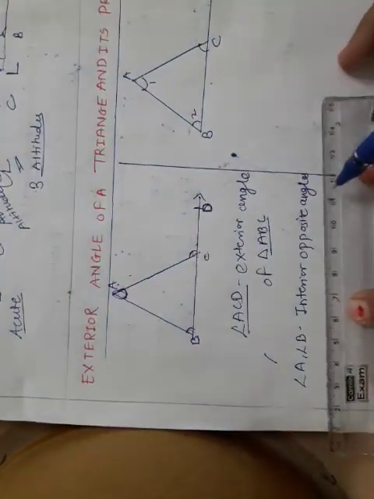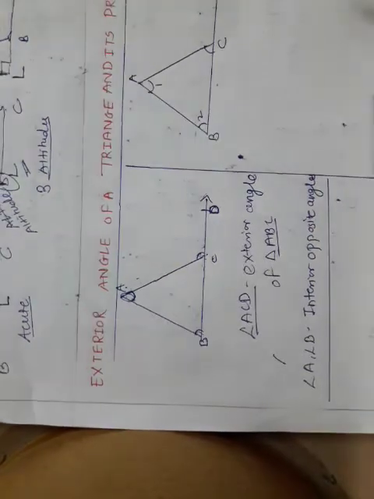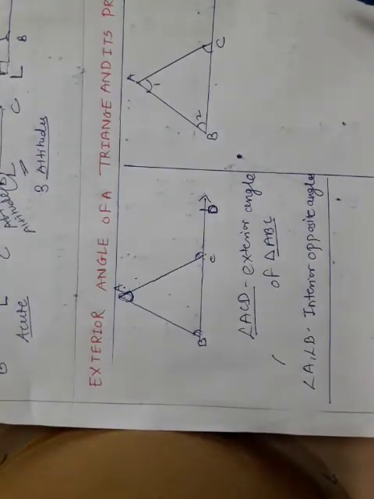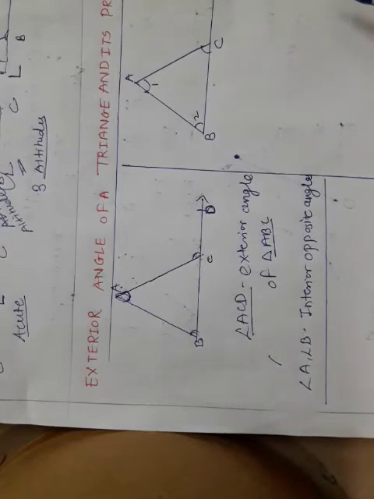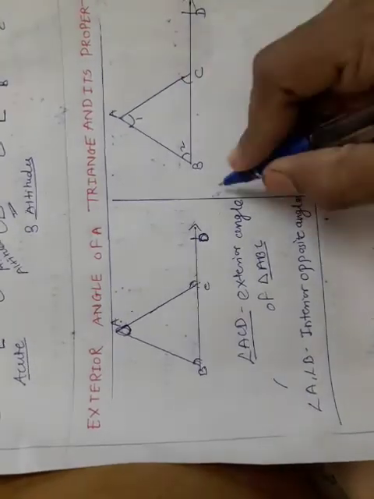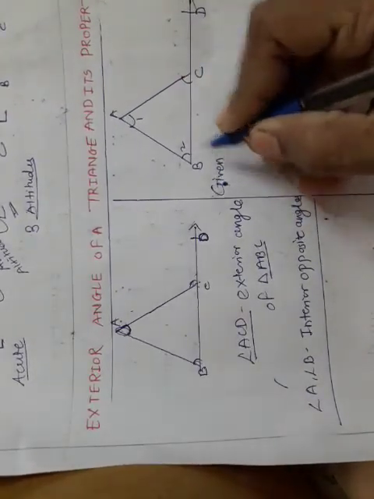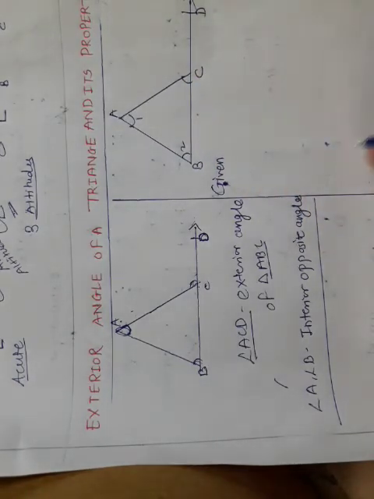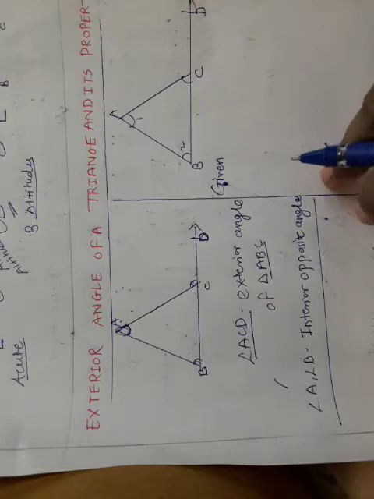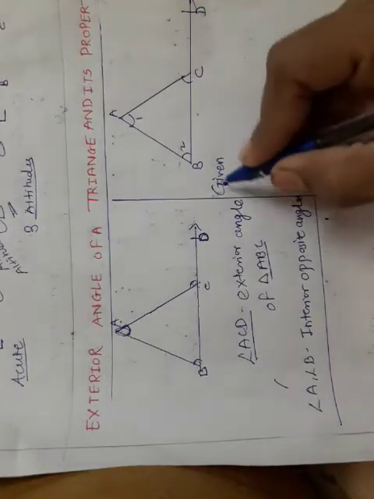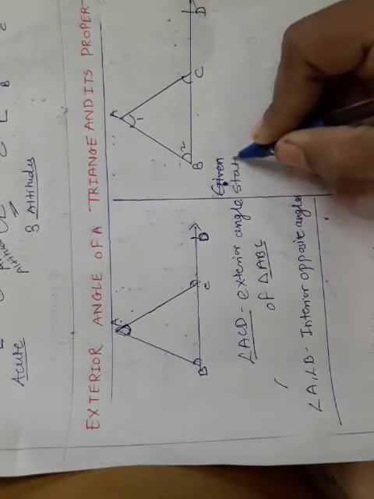Now I will show the exterior angle property. In the triangle, what is given here? The triangle ABC is given, and we have to write the statement first.